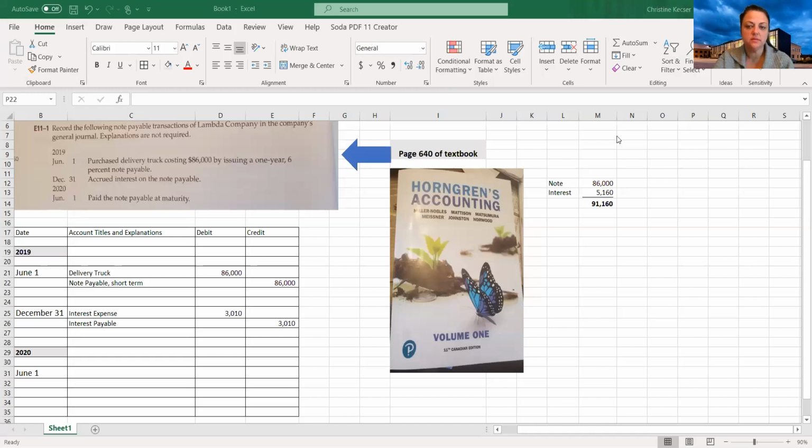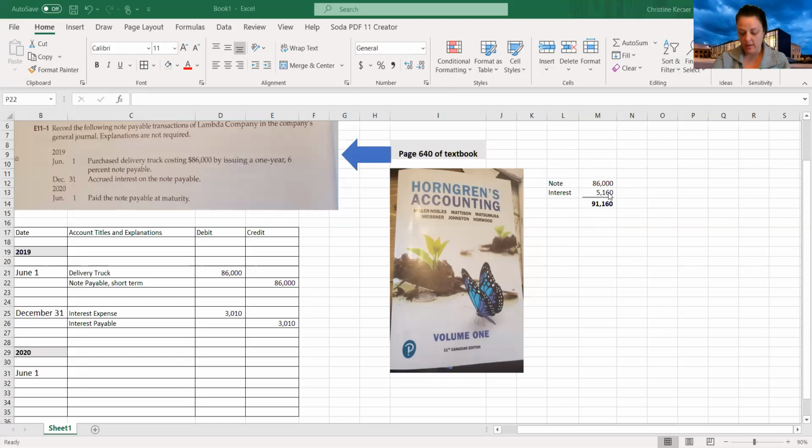So I've done a little calculation off to the side here. Our original note is $86,000. And we know that after a year, we're paying the full interest of 6%, $5,160. So we're going to end up paying right now on June 1st, 2020, $91,160.